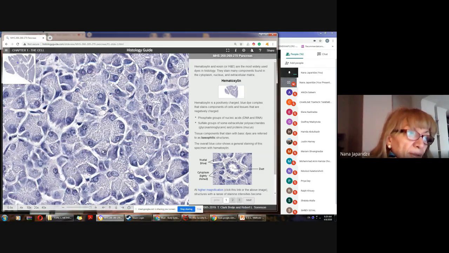So look, we see here nucleus, we see here nucleolus, and then we see something which surrounds this nucleus. So this something is the cytoplasm. And you see here the borders of the cell. I use this word borders because using light microscopy we are not able to see the cell membrane, because the cell membrane is very thin.